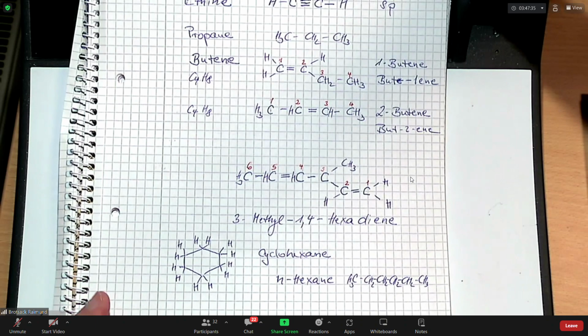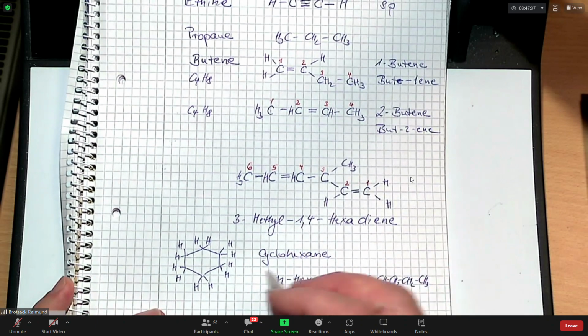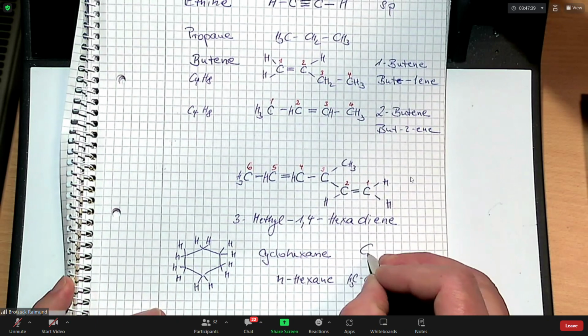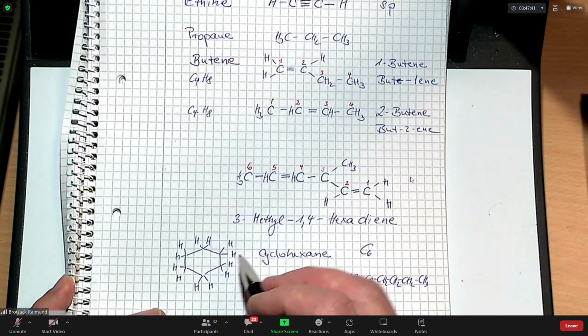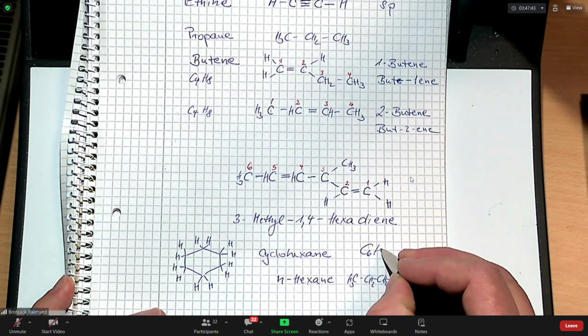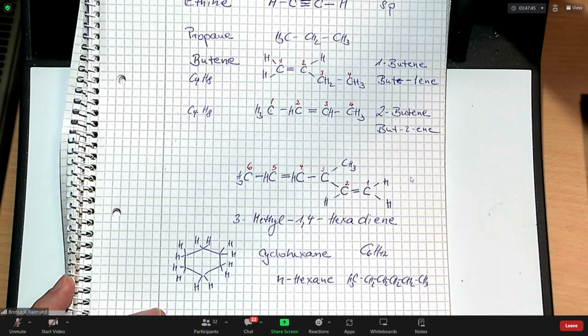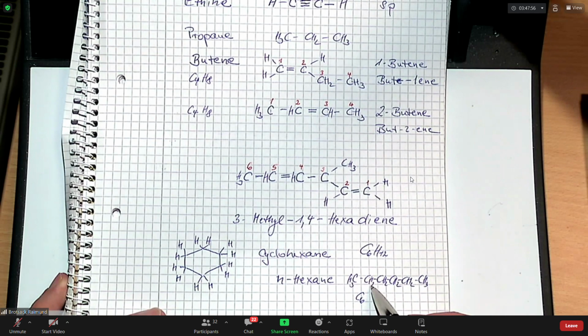In every case, the sum formula is C6 and H12 for the cyclic one, while for the linear one it is C6H14.